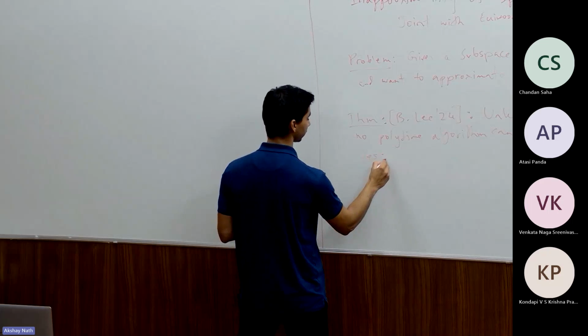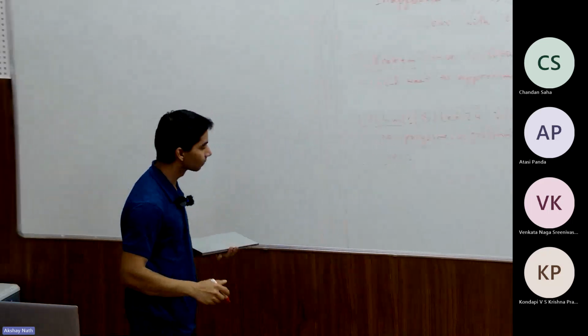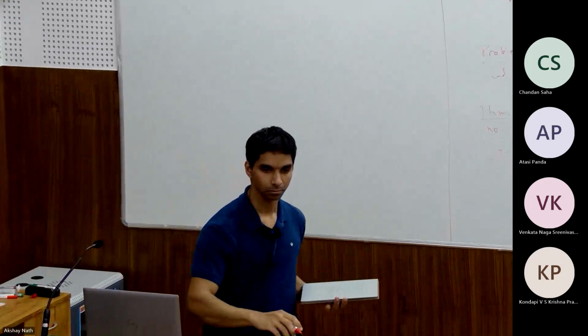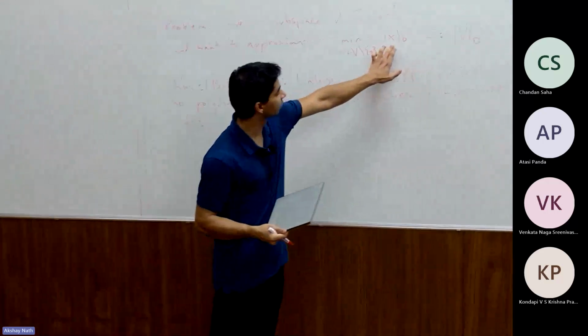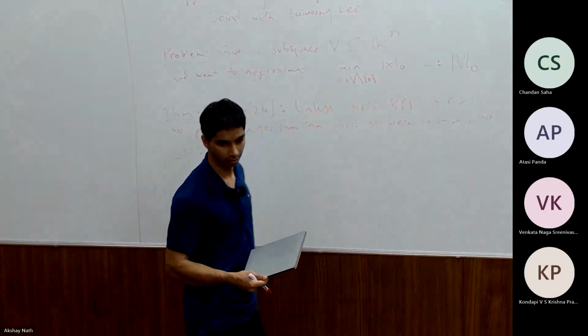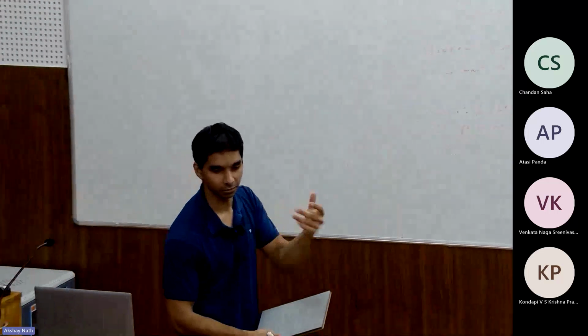The case where there exists a sparse vector in the subspace. That's the number of non-zero entries in the vector x, also known as the sparsity of the vector.